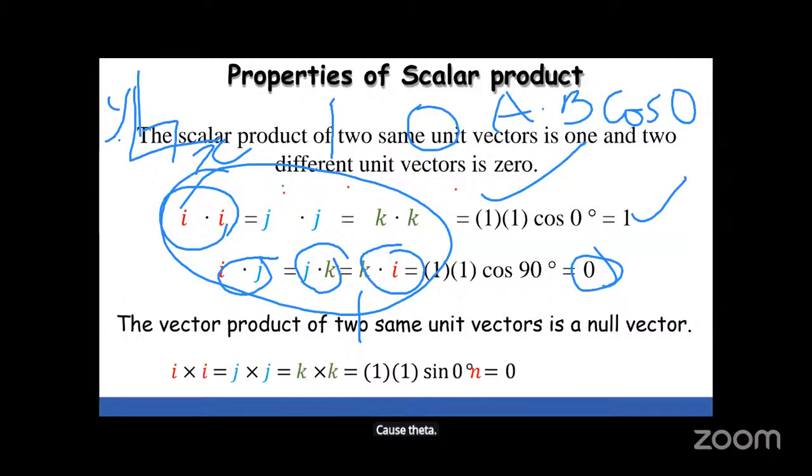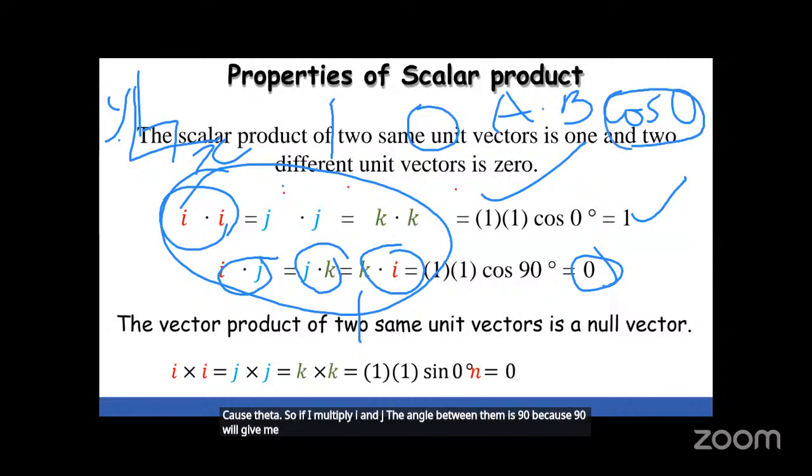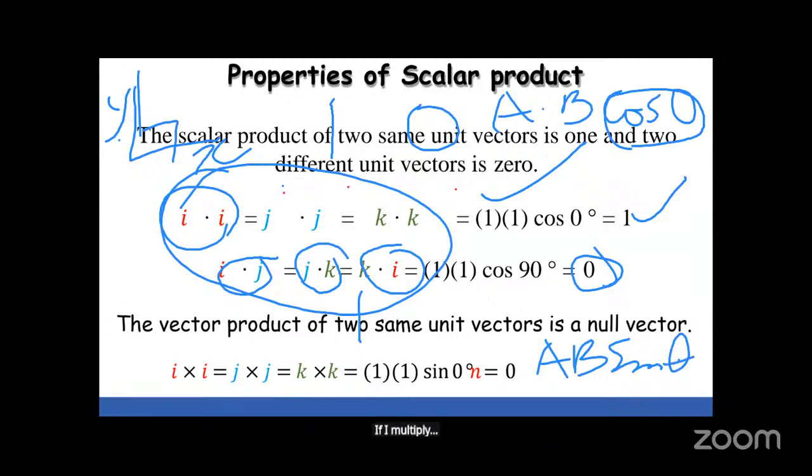So if I multiply I and J, the angle between them is 90, and cos 90 will give me 0. But in the other formula where we have AB sin theta, if I multiply Y and X, the angle between them is 90. Sine 90 is equal to 1.